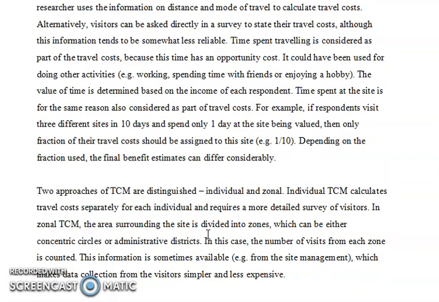There are 2 approaches for this measurement. One is the individual travel cost approach and the second one is the zonal approach.